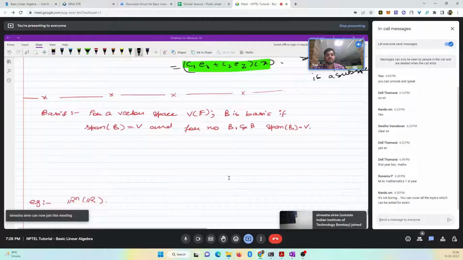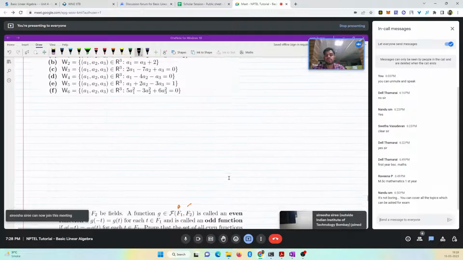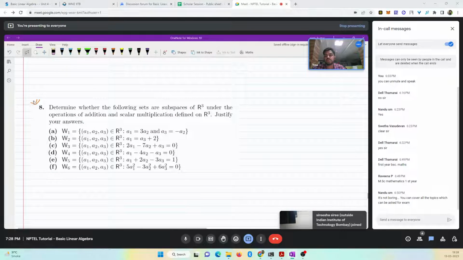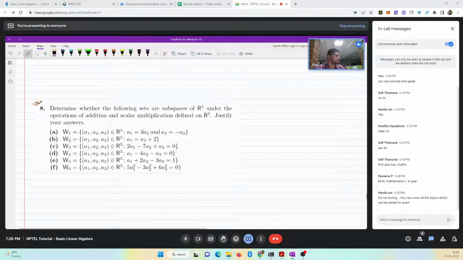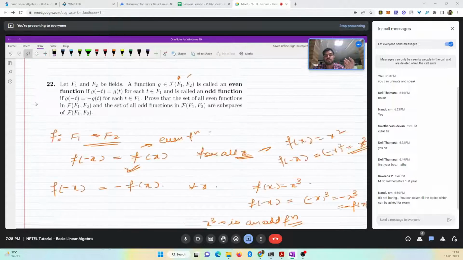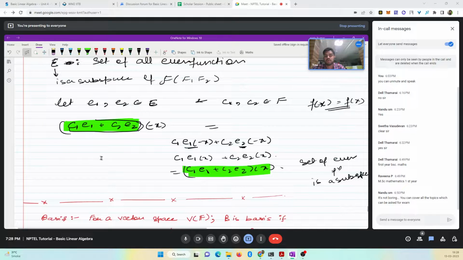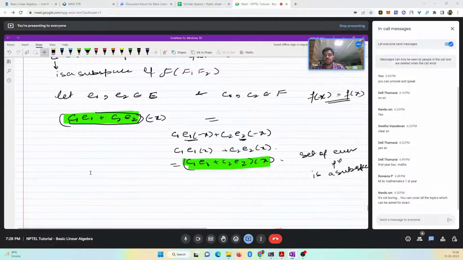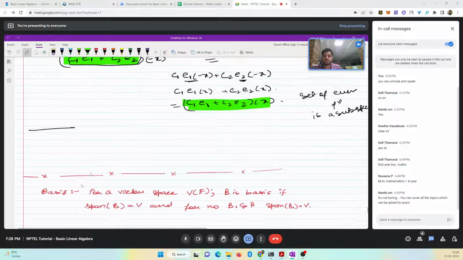So probably I'll come to this example if time permits, but any doubt in subspace or how to prove anything as a subspace? Most of you are not typing, so I'll just give you some key points.